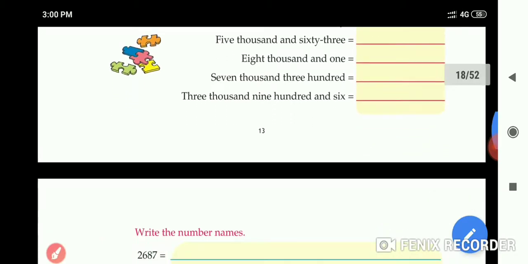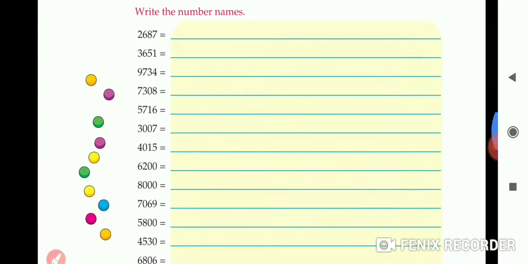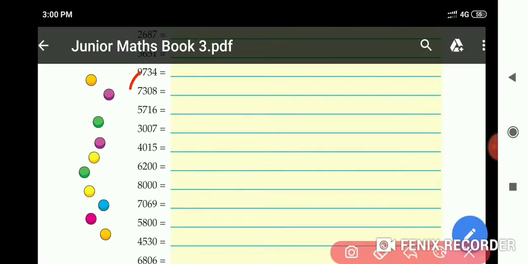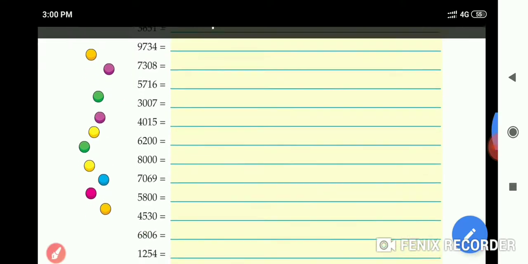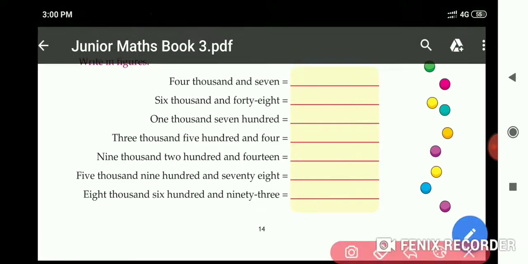Now move to page number 14. Again the number names are given. So blanks are given and you have to fill these number names in the space given here. This is homework for you. Now move to the next part. Again figures are given.